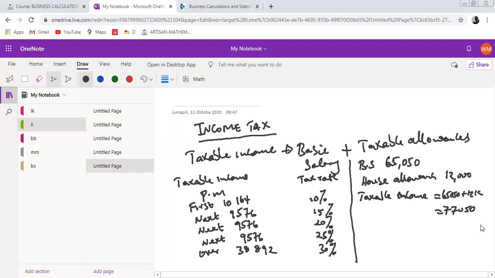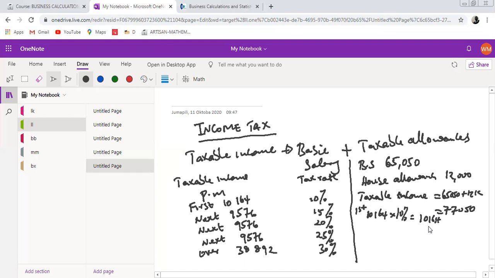So if that is the case, how are we going to go about it? From the table we are told the first 10,164 is taxed at 10%. So we tax that: the first 10,164 at 10%, and you find that it is 1,016.4.